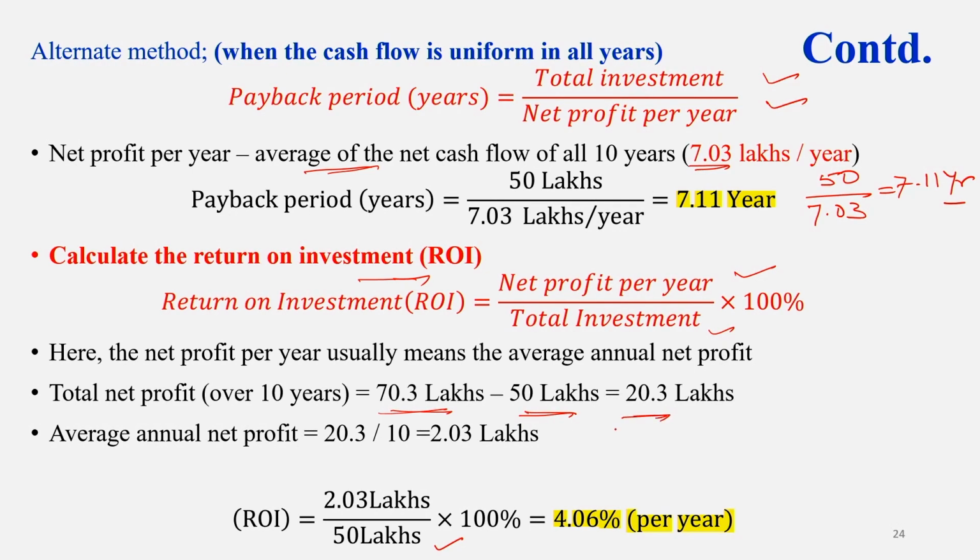So, net profit is coming out to be 20 lakhs, and if you calculate per year, 20 divided by 10, it will be close to 2 lakhs, 2.03 lakhs per annum. So, rate of return will be 2.03 divided by total investment 50 lakhs, into 100, and you will get 4%. So, these are the simple calculations we consider for the payback period and rate of return on the investment.